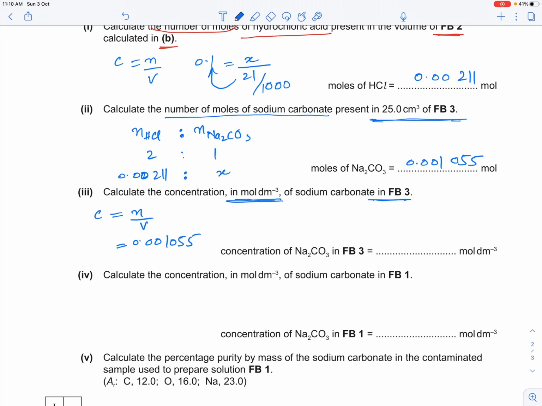And in what volume were these moles present? These moles are present in 25 cm cube of FB3, right? So the volume we have to take here is 25 divided by 1000. From this calculation you would get your concentration, and that is 0.0422.